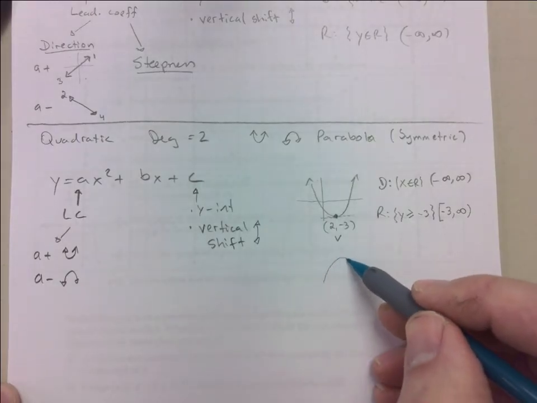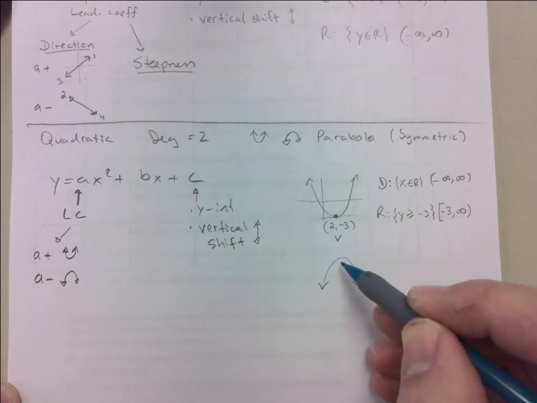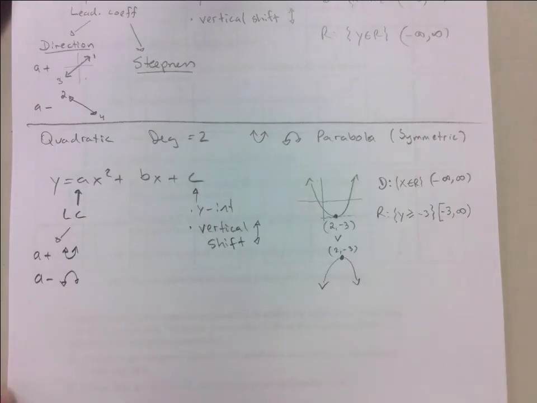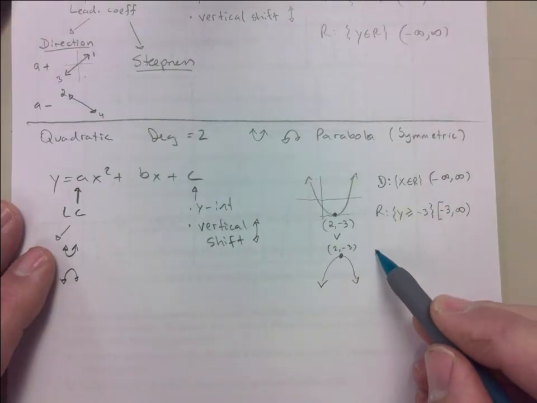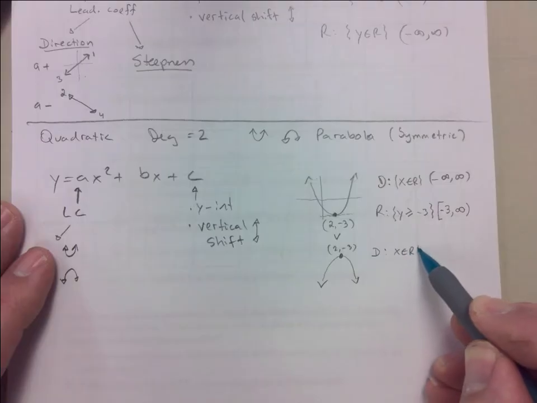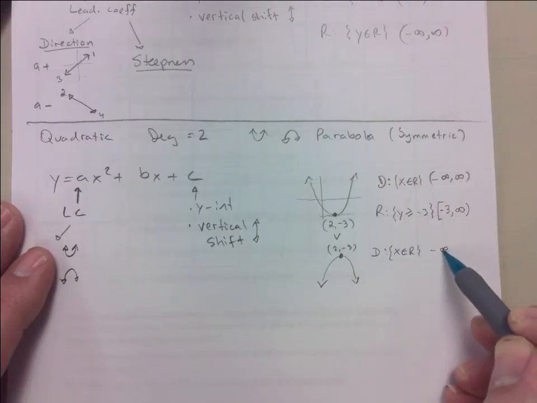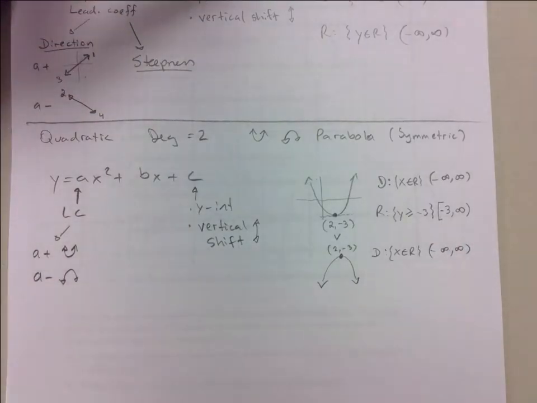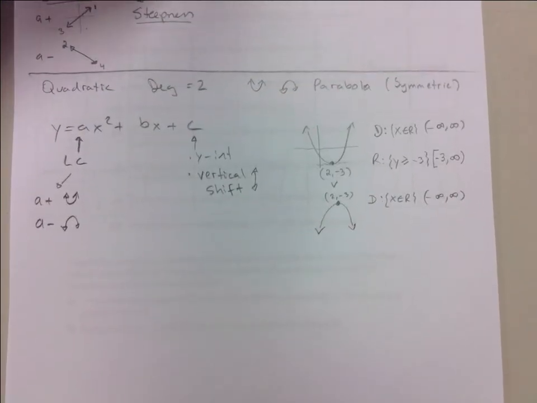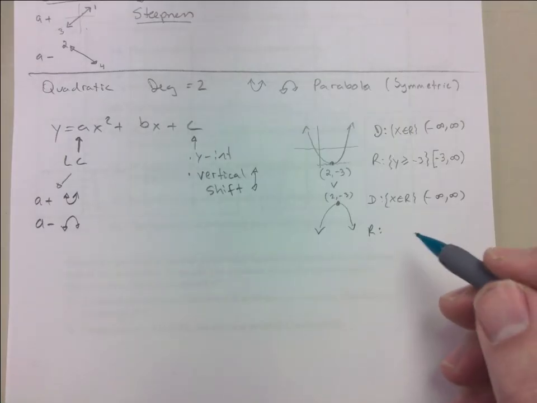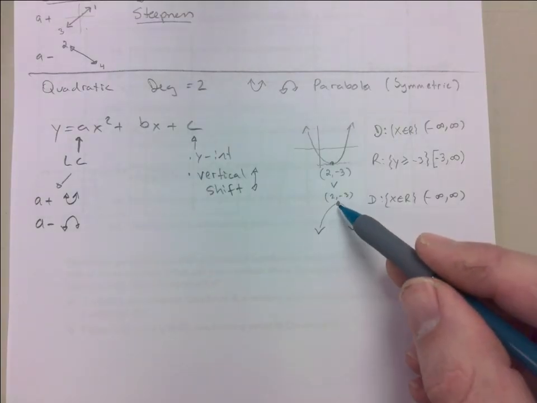Let's do that exact same scenario, but it pointing down. I will keep the vertex the same. Domain, I'm still going to keep it the same. The range, in this case, it's pointing down, right?